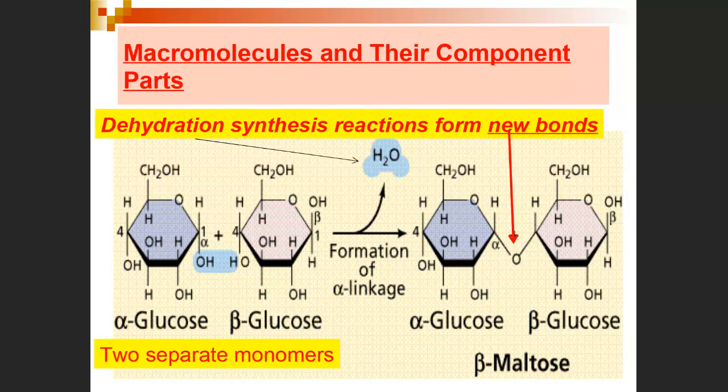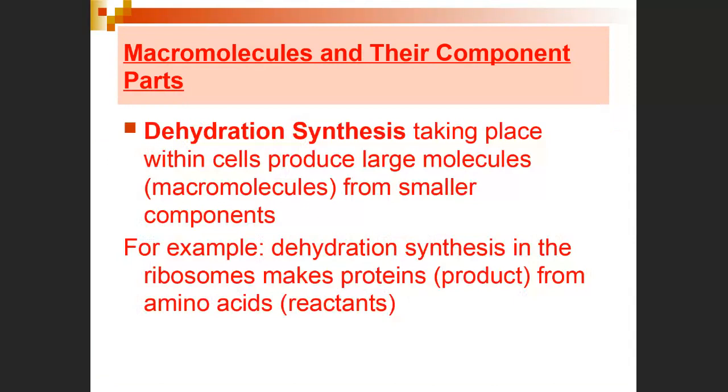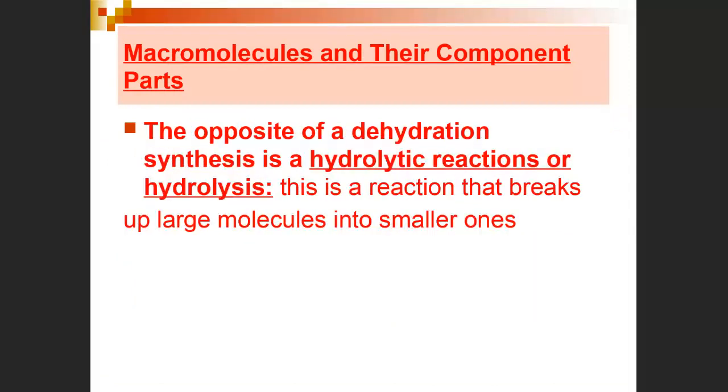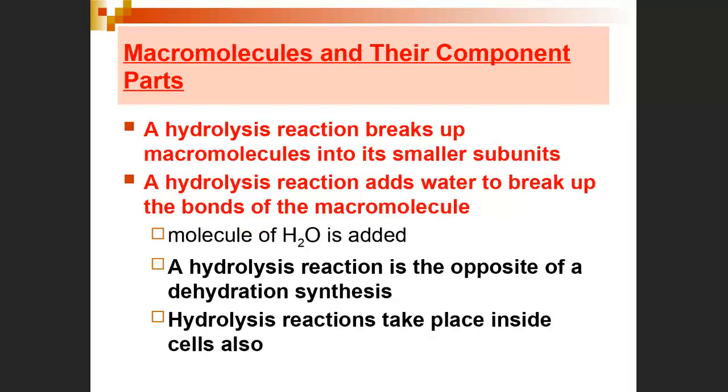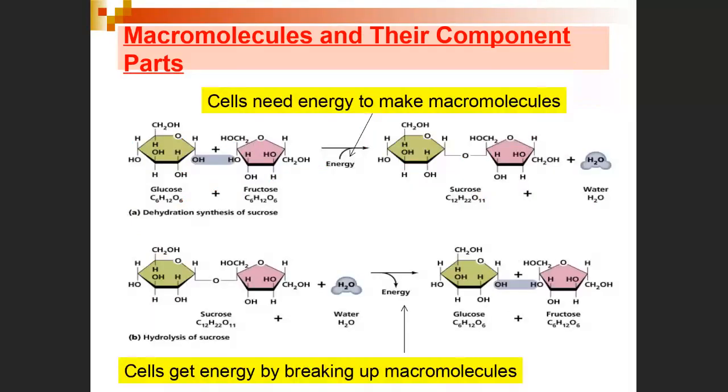So review dehydration synthesis and hydrolysis reactions, and be able to recognize examples of dehydration synthesis or hydrolysis reaction. So here the first one is a dehydration synthesis, because you have two monomers, glucose and fructose, that are going to be bonded together.